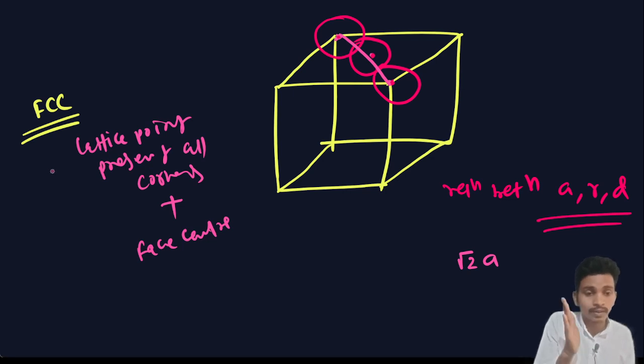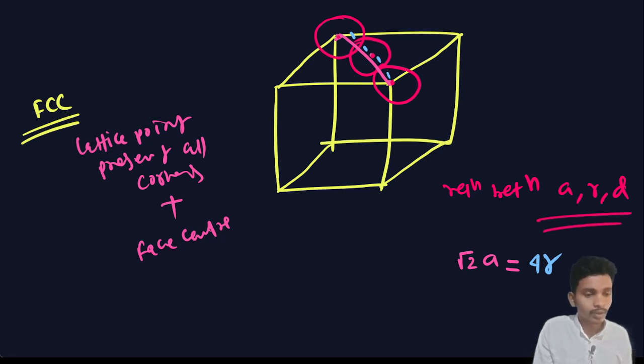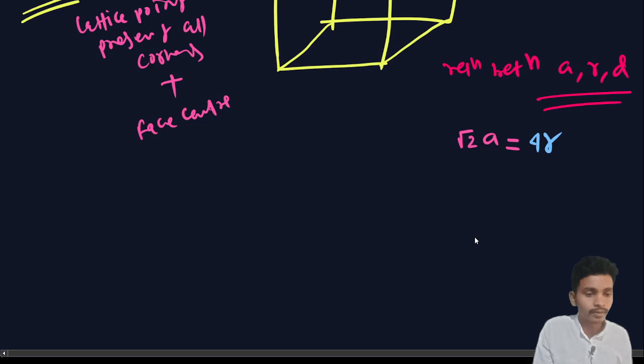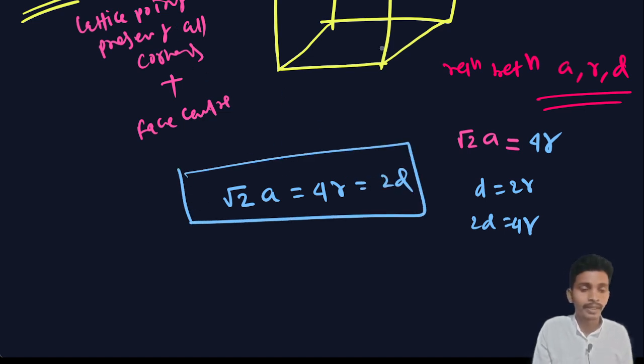So root 2a is equal to 1 r, 1 r, 1 r, 1 r, a total of 4r, and we know that D is equal to 2r, so 2D equals 4r. So root 2a equals 4r equals 2D. This is the relationship between a, r and d for FCC.